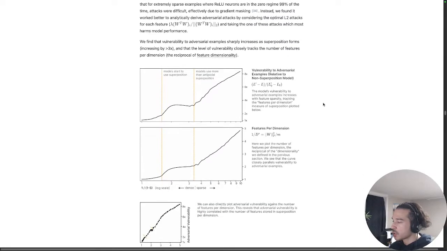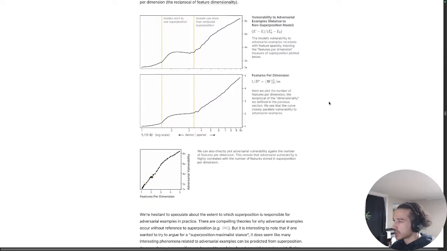Here we see some graphs: vulnerability to adversarial examples relative to non-superposition model, (L' minus L_0) over (L_0 minus L_0). The model's vulnerability to adversarial examples increases with feature sparsity, tracking the features per dimension measure of superposition plotted below. We see models start to use superposition and it starts to go up, plateaus for a bit, then models use more than antipodal superposition and it goes up.